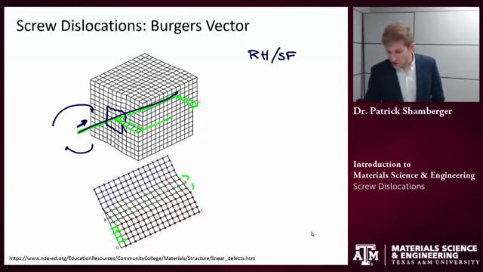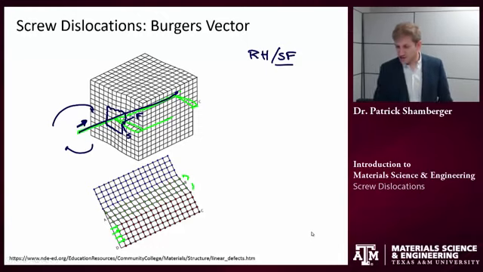But now you can tell my start point here is different from my finish point here. And so again, I draw a vector that goes from the start to the finish, and that vector is the Burgers vector. It's hard to see just because I've drawn it so small, but it's 1 unit cell in that direction.